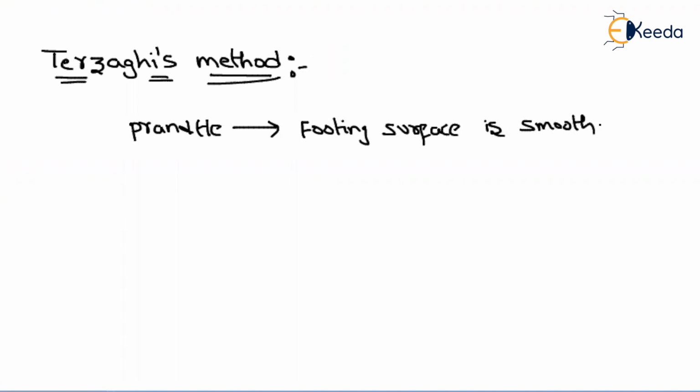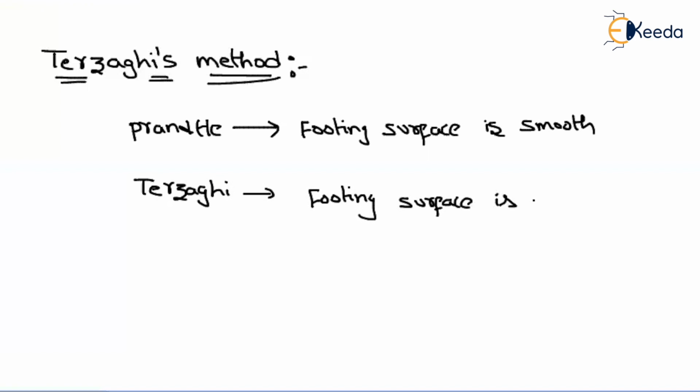But Terzaghi has used Prandtl's theory, but instead of considering the footing surface as smooth, he has considered the footing surface as rough. As it is made up of some RCC material, definitely the footing surface will be rough.